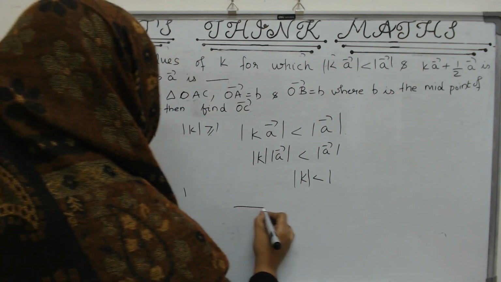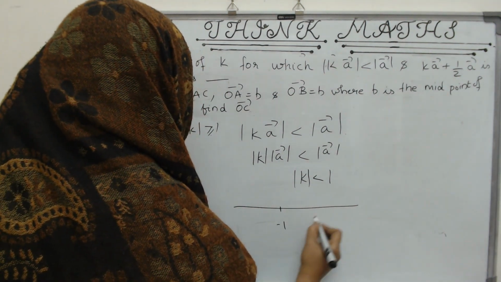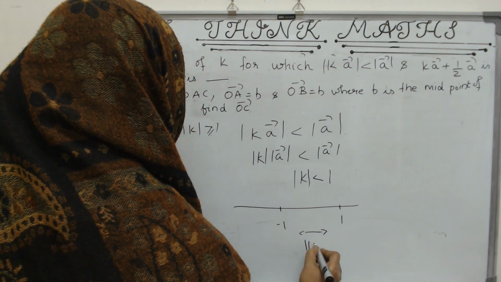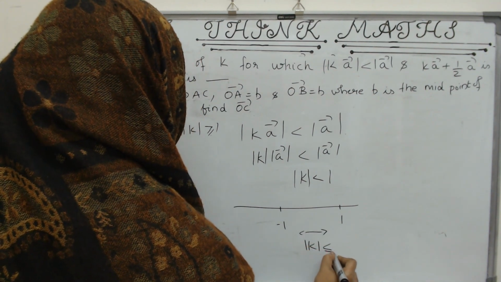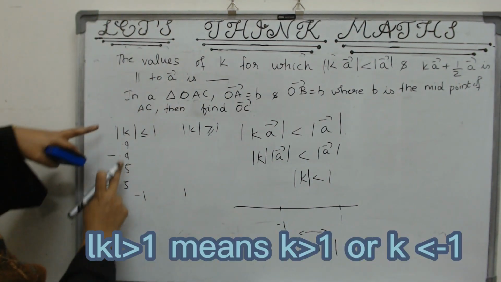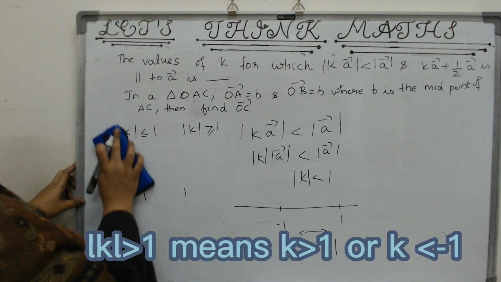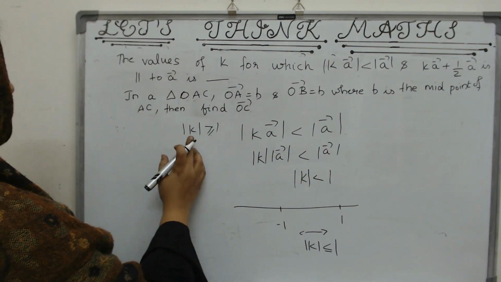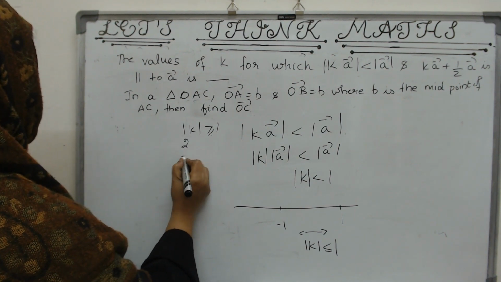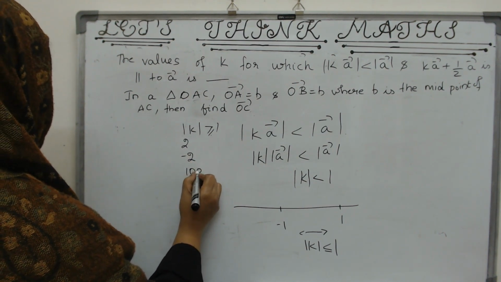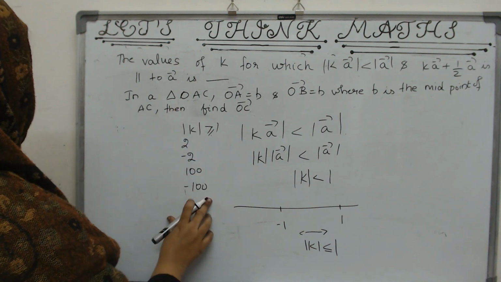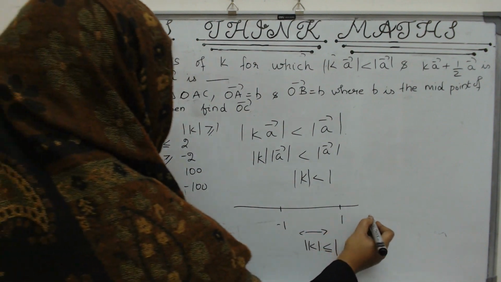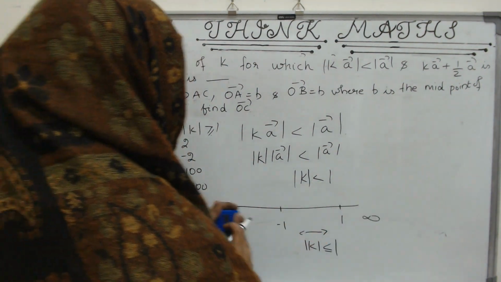On the number line, minus 1 lies here, 1 lies here. In this area, you will get all the values whose modulus is less than or equal to 1. But what happens here? These are all the numbers whose modulus is greater than or equal to 1. It has 2, it has minus 2, it has 100, it has minus 100. So in other words, it includes all the numbers in this direction.